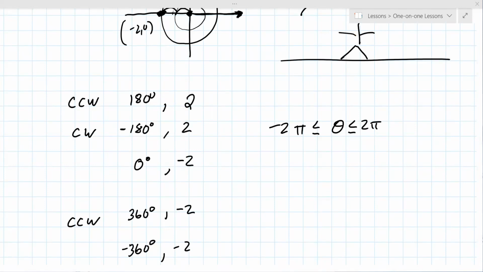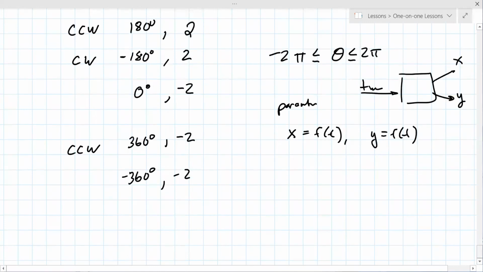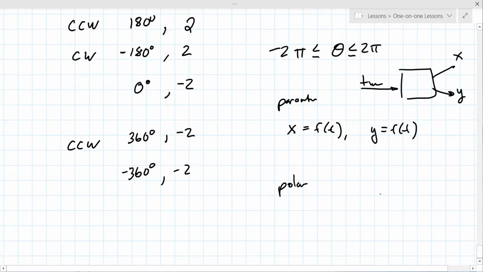What's the difference between parametric and polar? Very different. Parametric is you get x as a function of t and y as a function of t. So basically, if you think of a box, your input is time, and you get out x and y. And polar is a radius or a direction and an angle and a step.